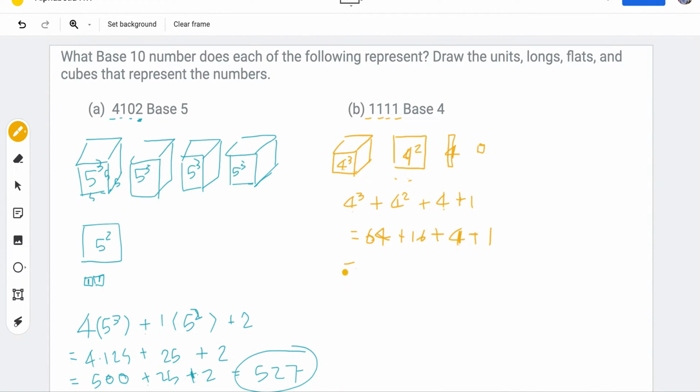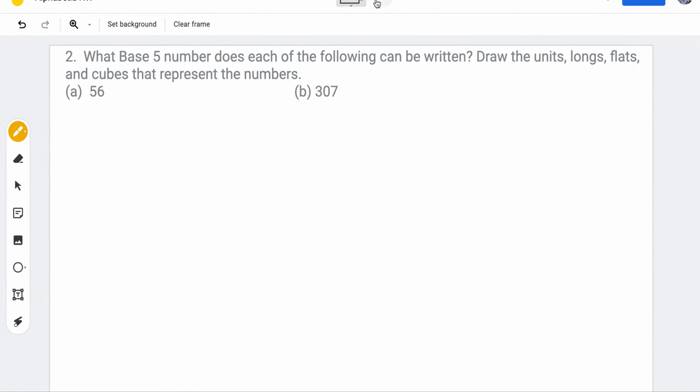How can you solve this easily? Well, if you group this together using the associative property, you get 20, and you have 84, and you have 1 more, so it's going to be 85, right? So 85 in our number system in base 10 is exactly the same as 1111 in base 4. Okay, that was the first problem.